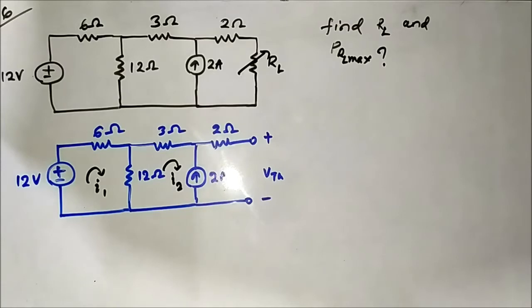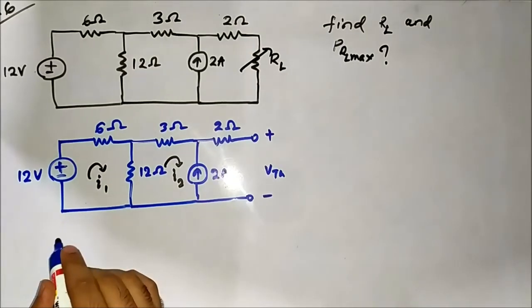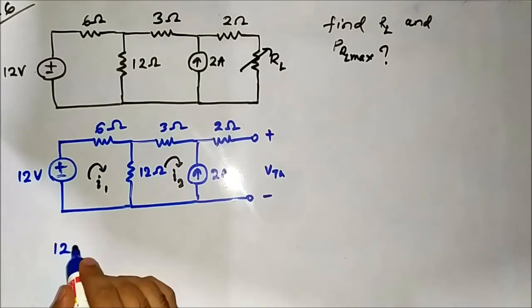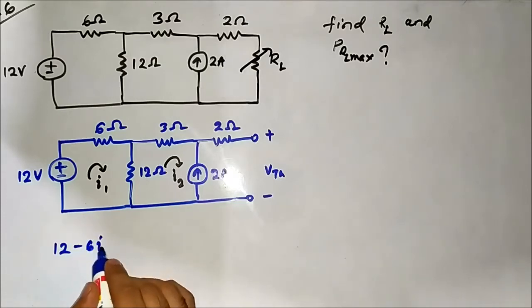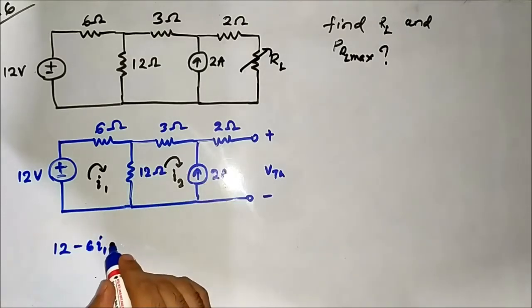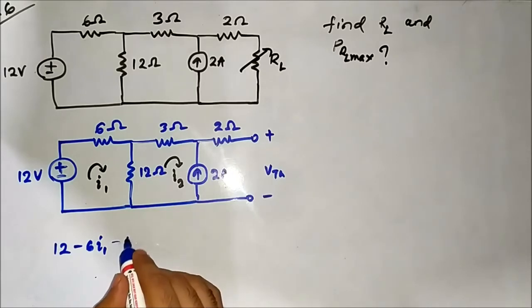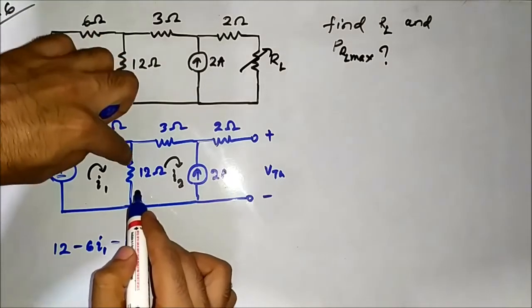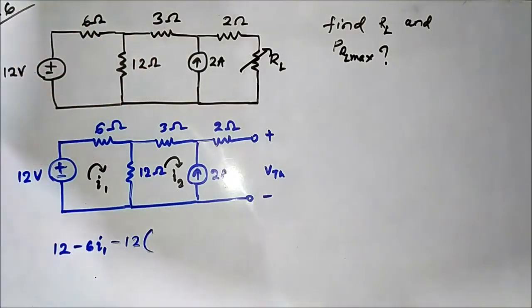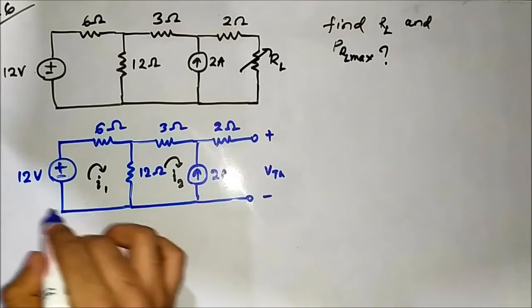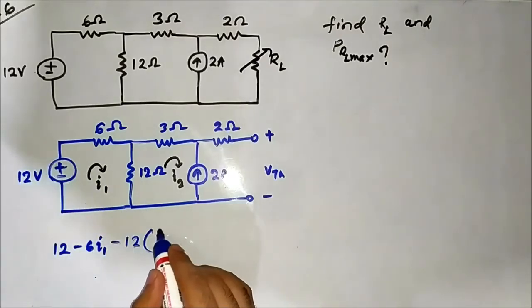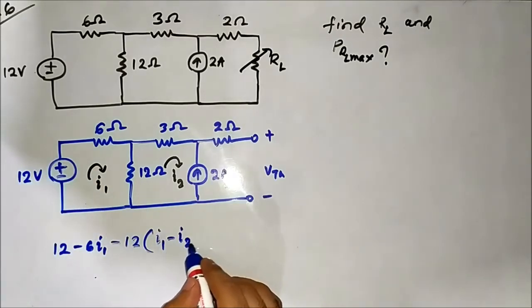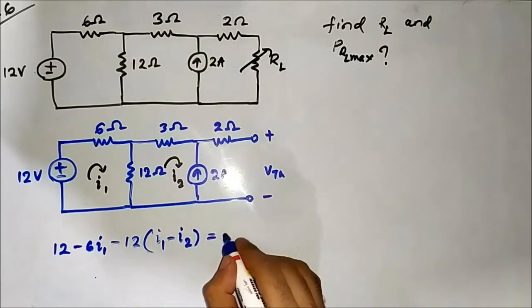Now first we'll apply KVL in this first loop. So the equation will be 12 minus 6I1 minus 12 into I1 minus I2, because through this 12 ohm resistor I1 and I2 are flowing in opposite directions as it is loop 1. So I1 will be dominating, so it will be I1 minus I2, equal to 0.